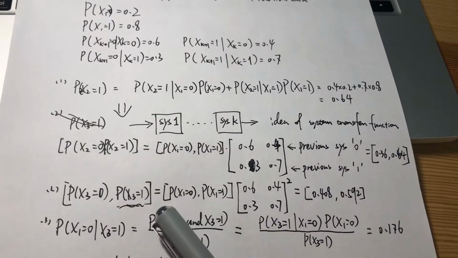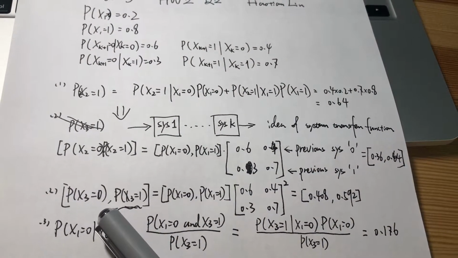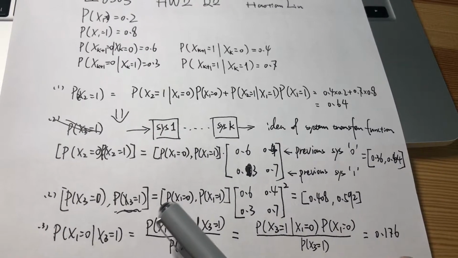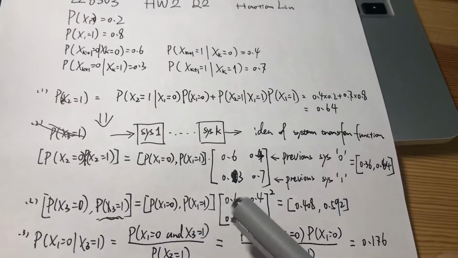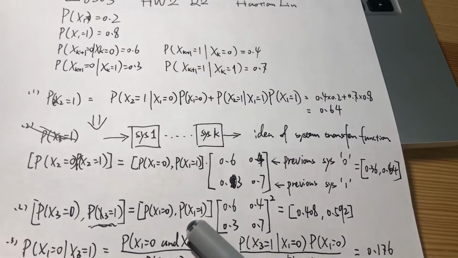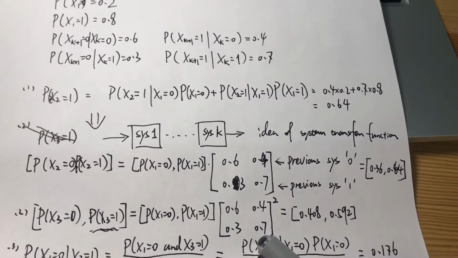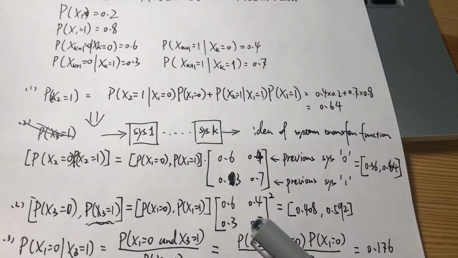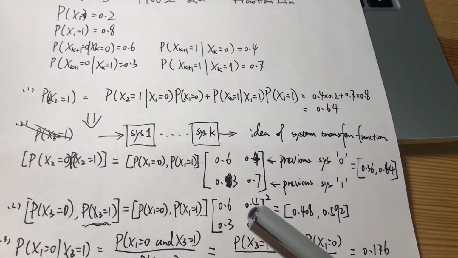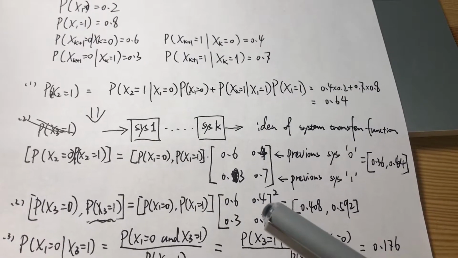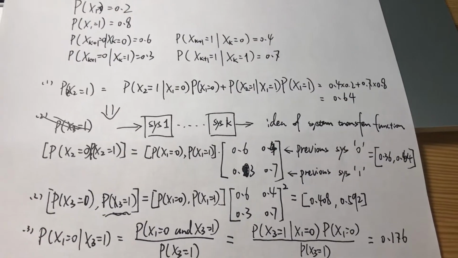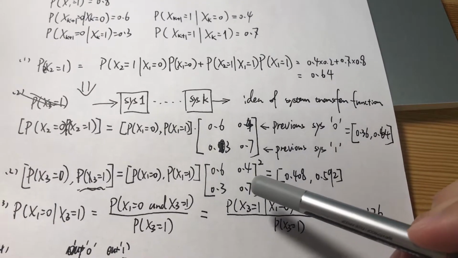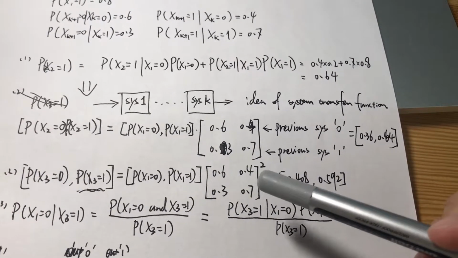P of x3 equals 0, P of x3 equals 1, and this is the initial signal, which goes through the two systems. They're actually the noise channels in the question, but we can consider them as two same systems.